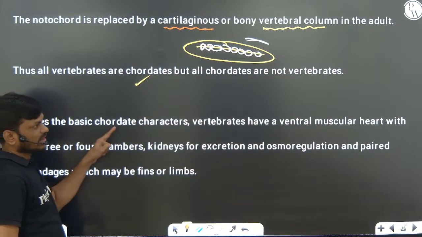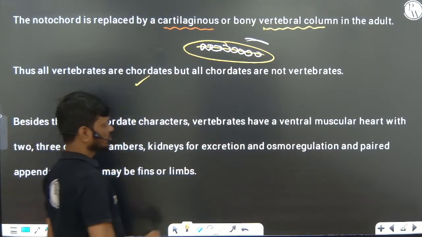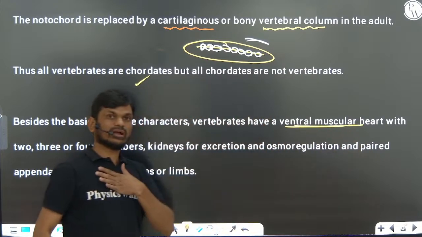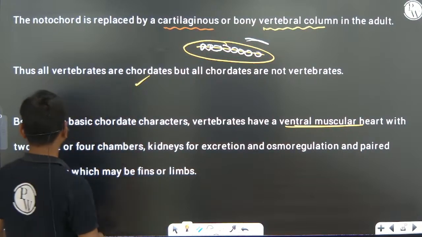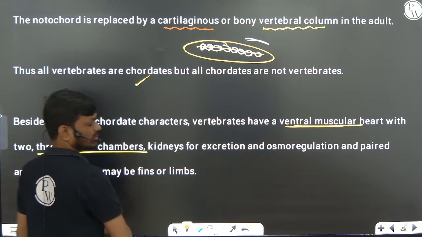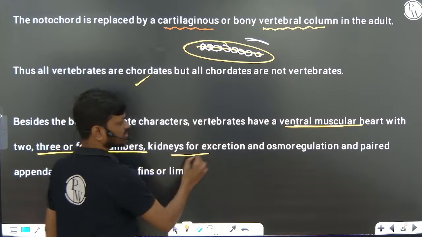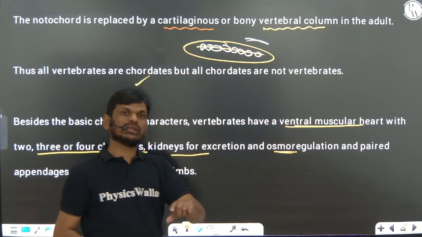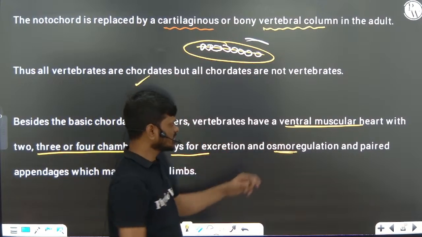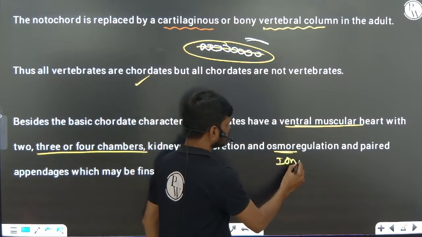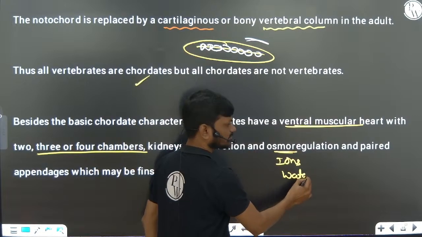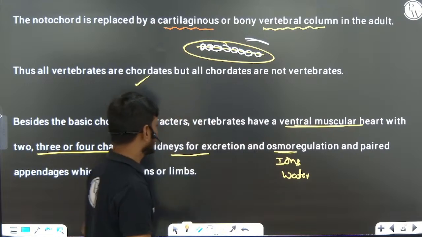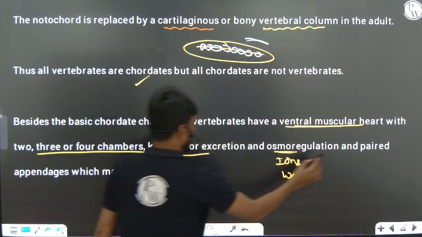Other characters of vertebrates: a muscular heart is present, on the ventral side, with 3 to 4 chambers. Kidneys are present for excretion and osmoregulation. Very important: the kidney helps in elimination of waste material and maintains the ion and water balance in the body, which is known as osmoregulation.